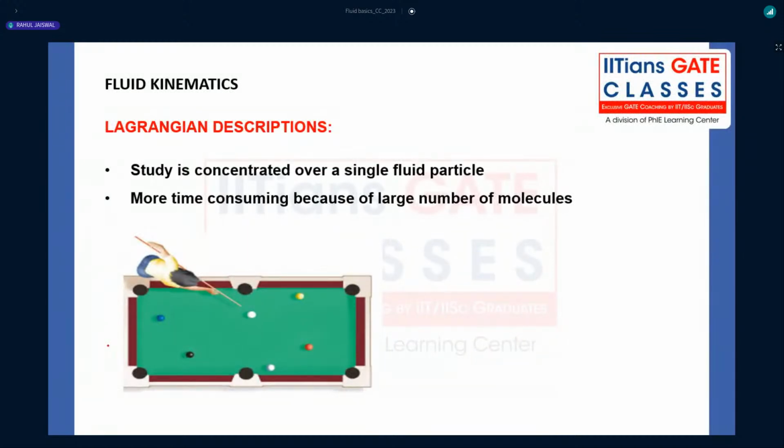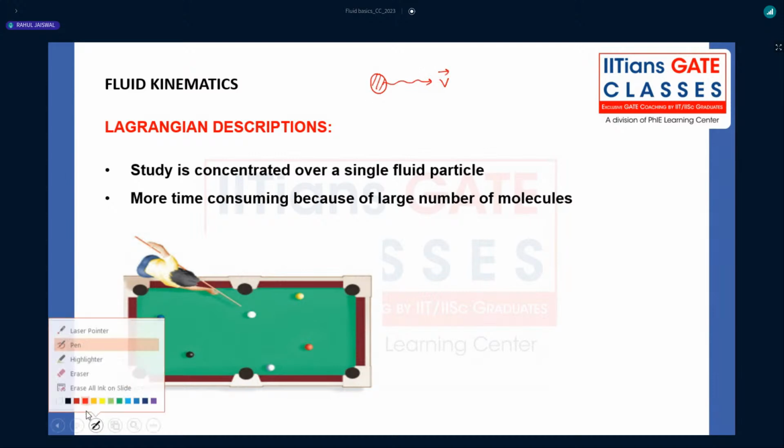In the domain of solids, suppose a ball is moving with velocity v. In the fluid context, what is the displacement, what is the velocity, what is the acceleration, we have to discuss in fluid kinematics.